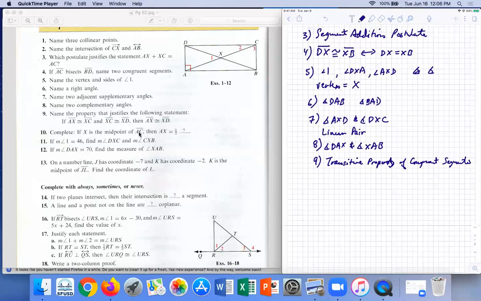I'll have to recheck because there is the definition of midpoint, and then there's also the midpoint theorem. I want to say it's the definition where if X is the midpoint of AC, then AX is equal to half of AC. AX is this part, half of the whole.